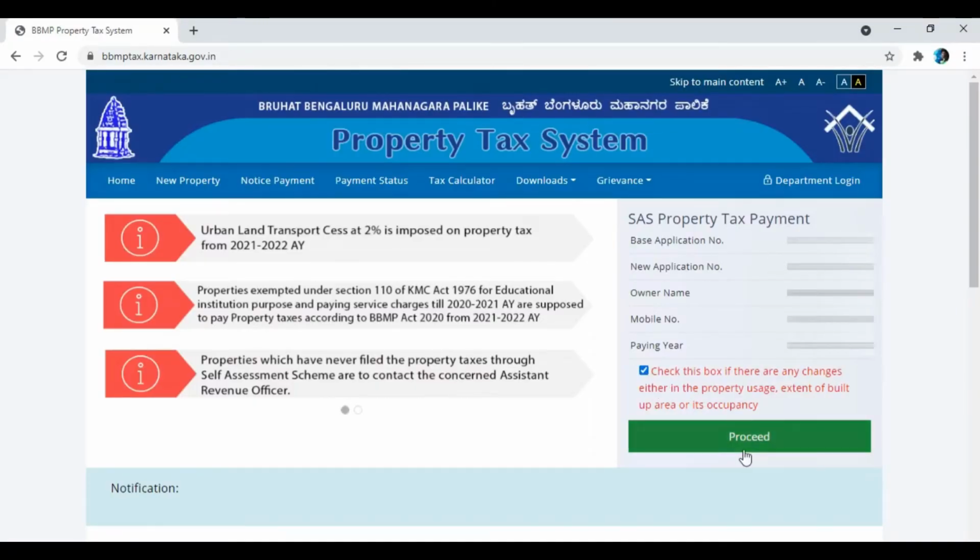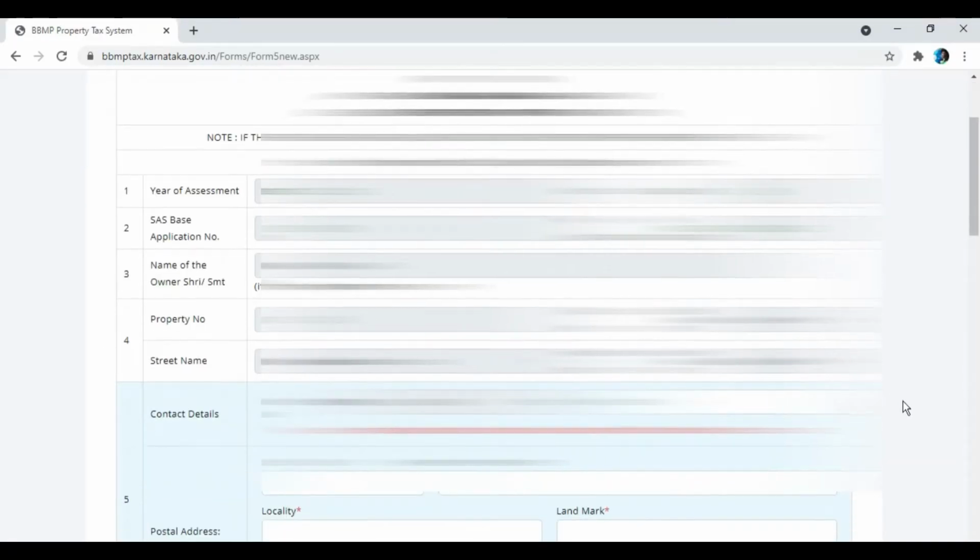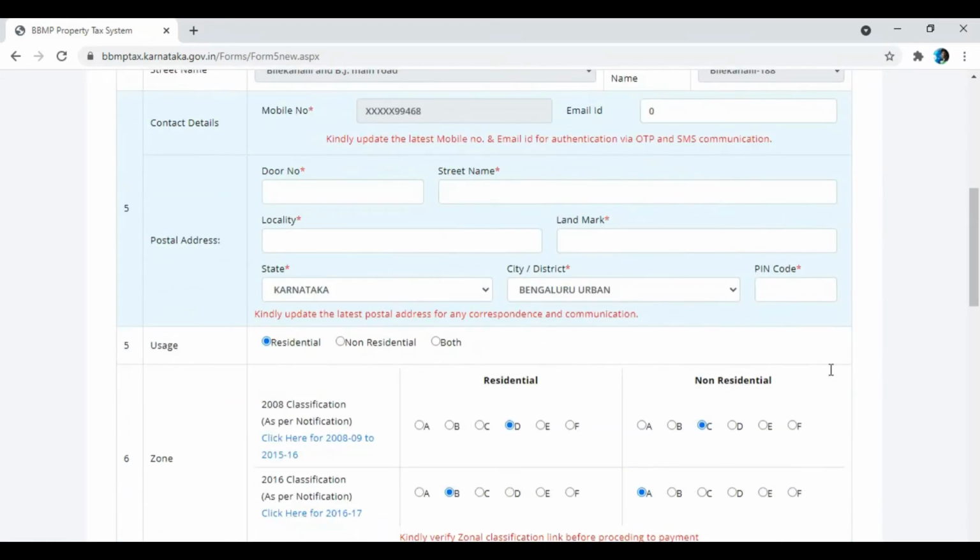In the normal course of events, like we saw, you do not get that option. Now you will ask, then how do I go about changing or selecting the zone classification correctly? So now I'll take you back to that login screen where there was this checkbox. That checkbox is the only way you can change your zone classification while making a property tax payment.